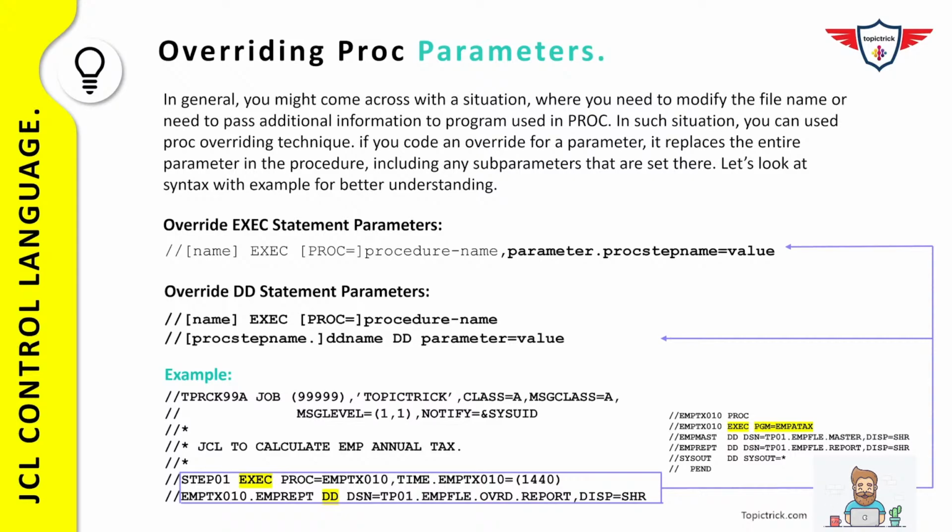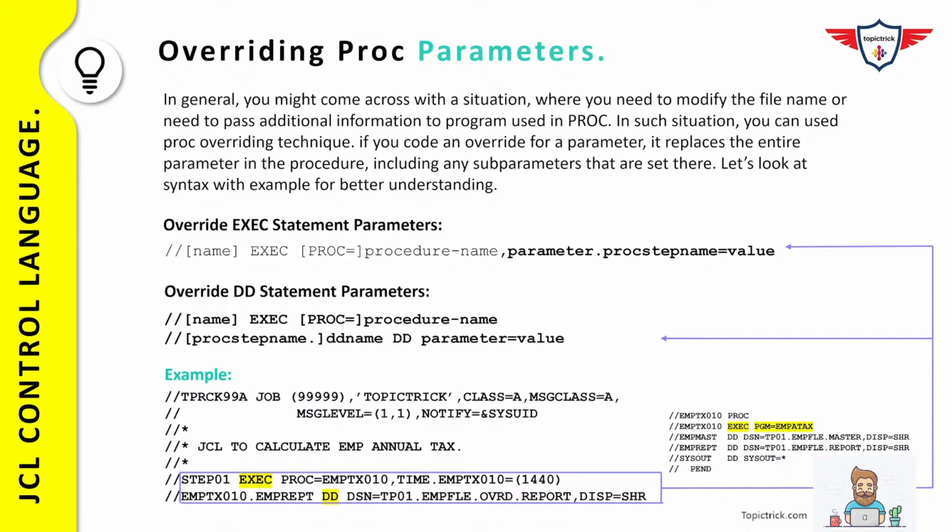And how I've done that is first of all, I've specified the proc step name, that is EMPTX010 dot DD name, that is employee report, followed by DD, then DSN and the dataset name. And after that, you have to specify the disposition of the file, whether it would be share, new, old, catalog, as per your requirement.